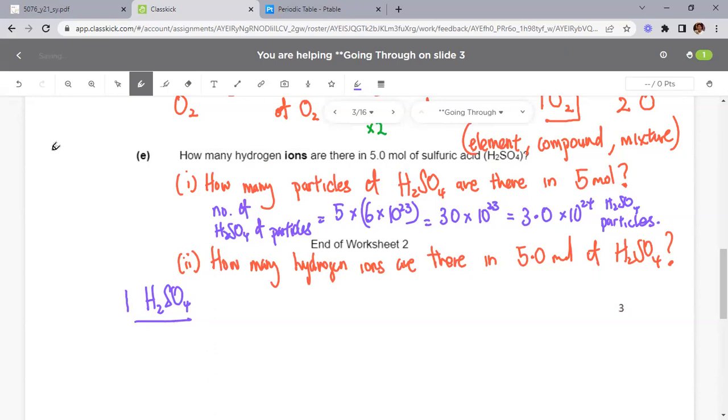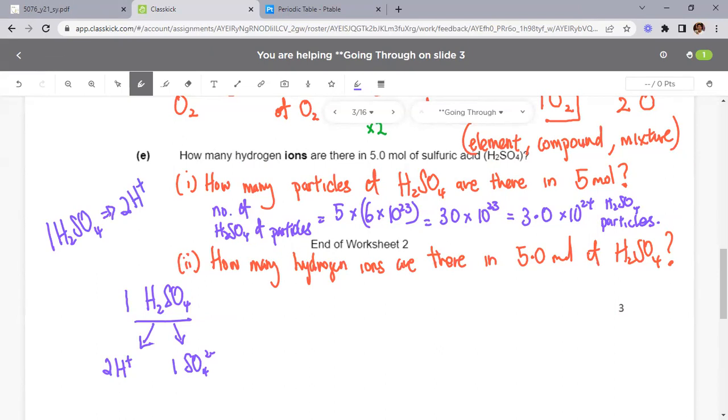For 1 H2SO4, I am going to get 2 H plus, and I'm going to get 1 SO4 2 minus. So 1 H2SO4 is going to have 2 H plus ions when I dissolve it in water.